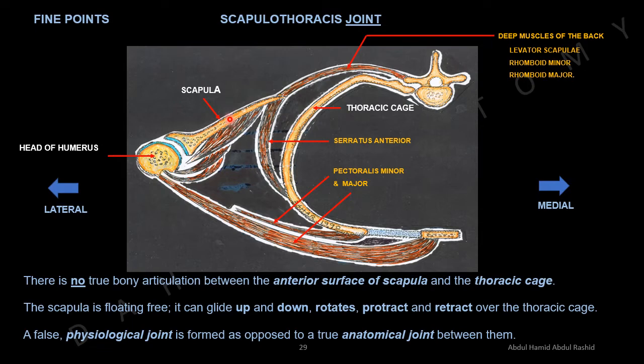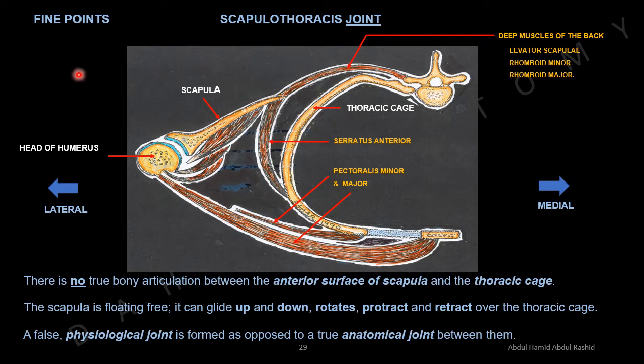The scapula is floating freely, but it can glide up and down, rotate up and down, and protract and retract over the thoracic cage. Because a false physiological joint is formed, as opposed to a true anatomical joint, between the scapula and the thoracic cage.